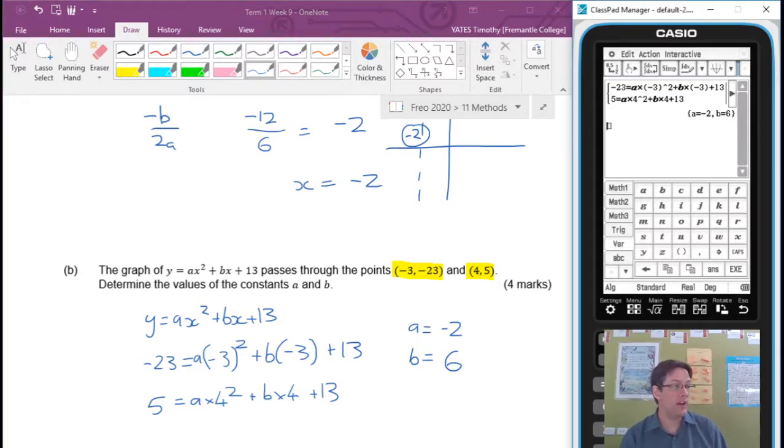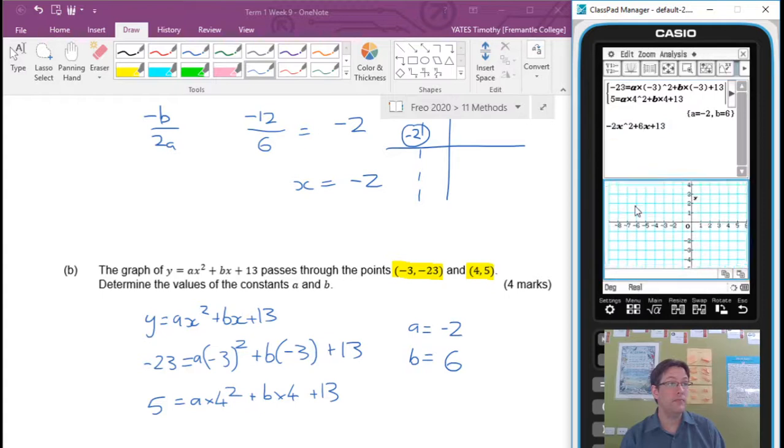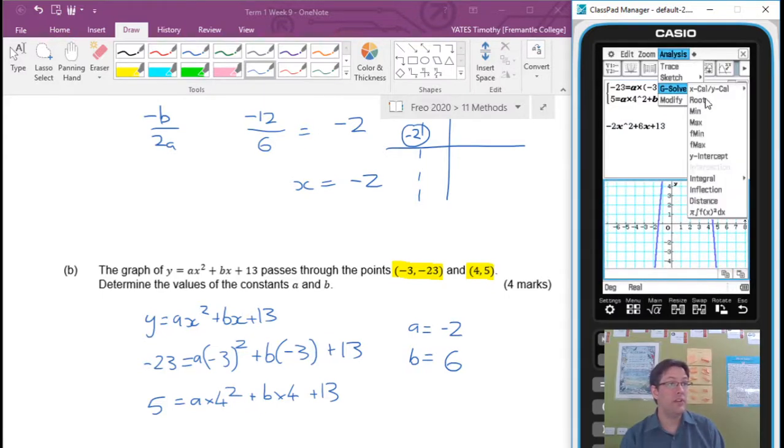So I'm going to try writing that: -2x squared plus 6x plus 13. Let's get that answer at the front. If I was to try to sketch that up, let's do a G-solve.